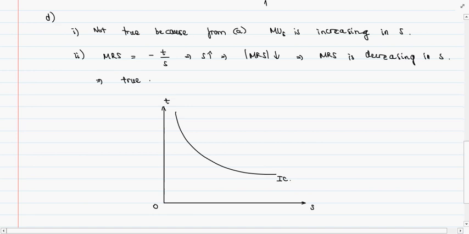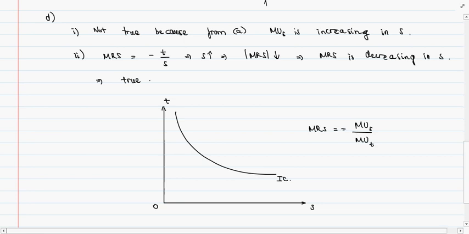You can use the other way around. But remember, the marginal rate of substitution is the slope of the indifference curve, and it is defined as the marginal utility of the good on the horizontal divided by the marginal utility of the good on the vertical, which is T.